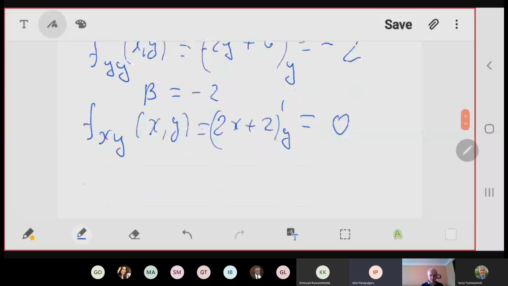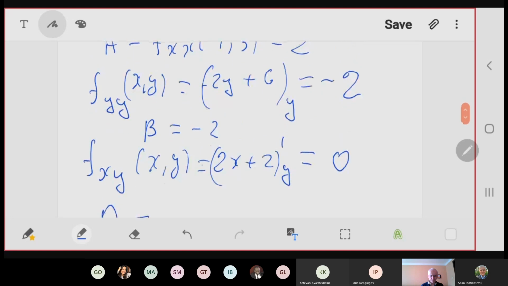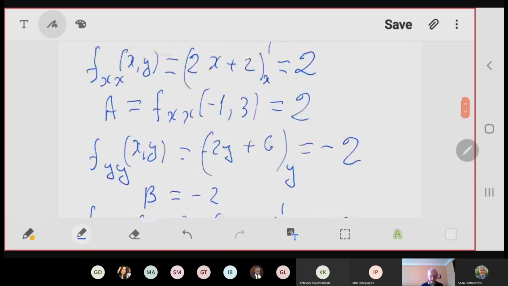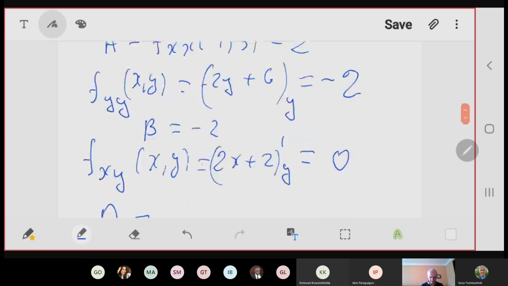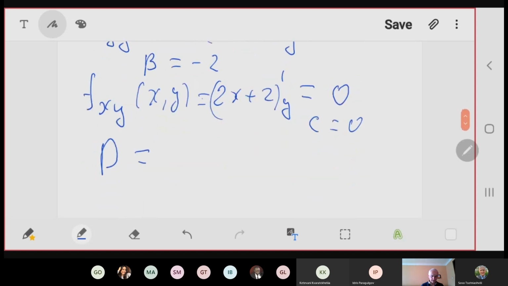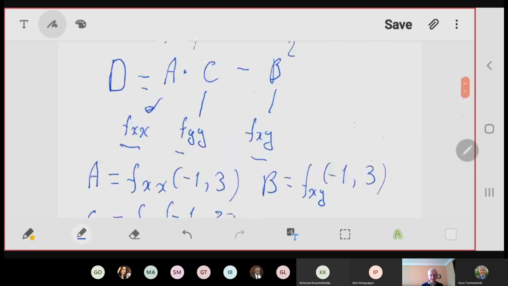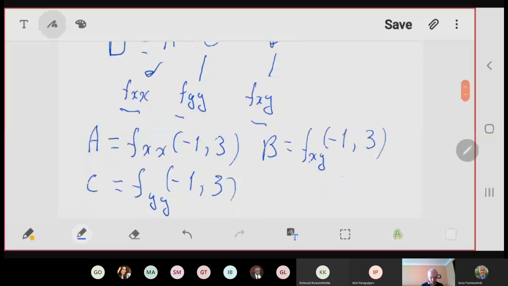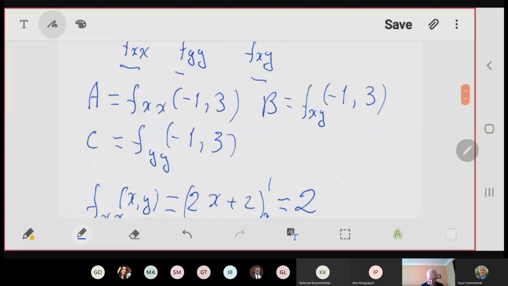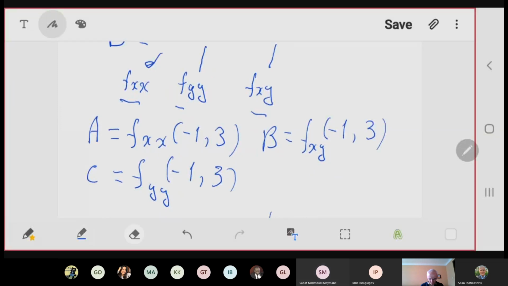Now, what about our number D? Our number D is a times b. So here we have c equals 0. So what is D? D is a times c minus, oh, I confused something here. I'm sorry, but C is f_yy. Yes, I confused it.